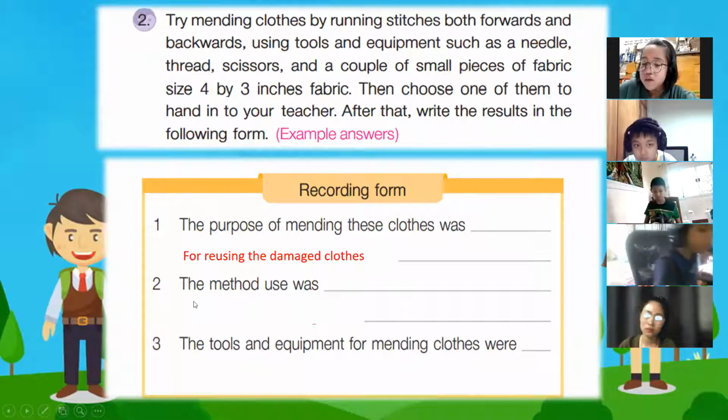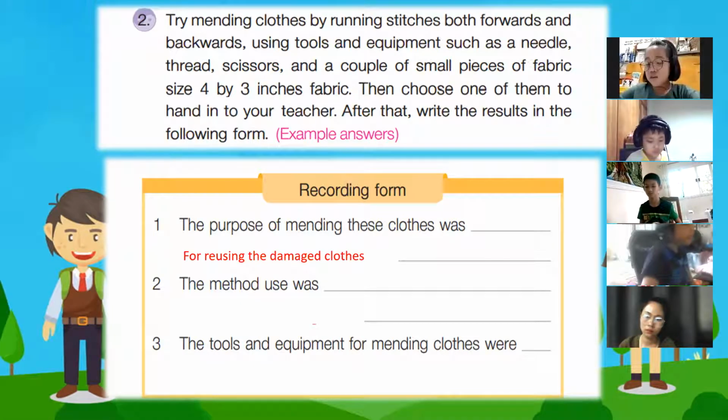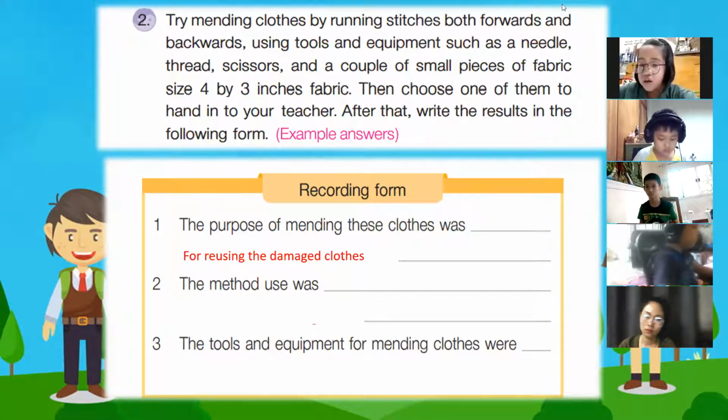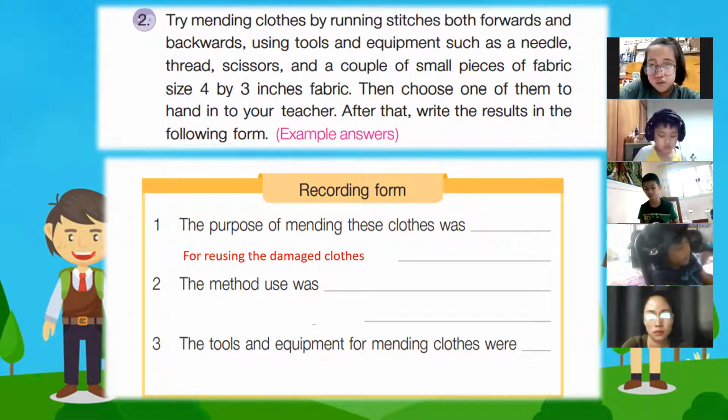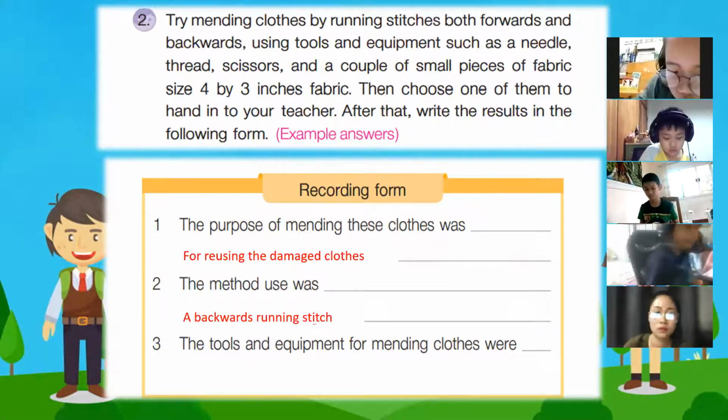Now, number 2, the method used. What method do you use? You use running stitches or forward and backwards stitches. Whatever you use, you just need to write down. For example, we are going to use backwards running stitches.